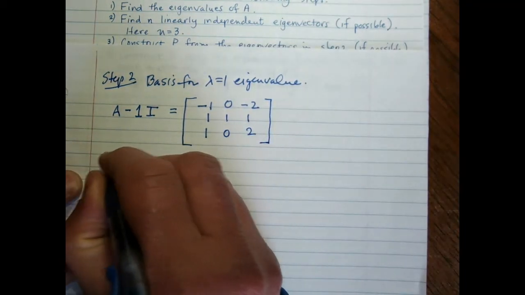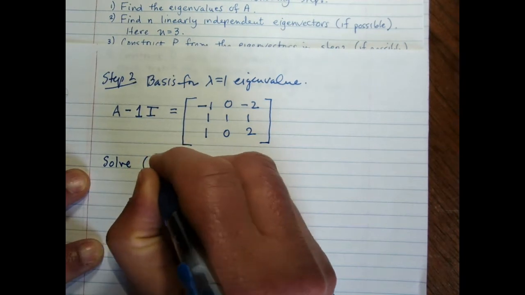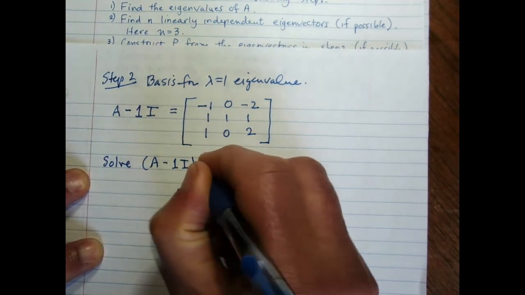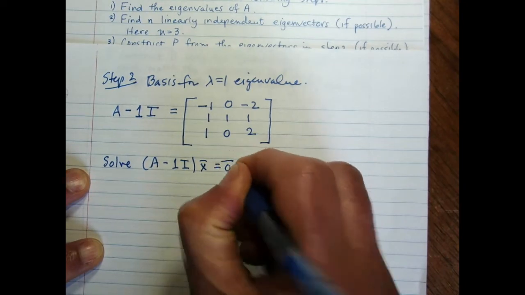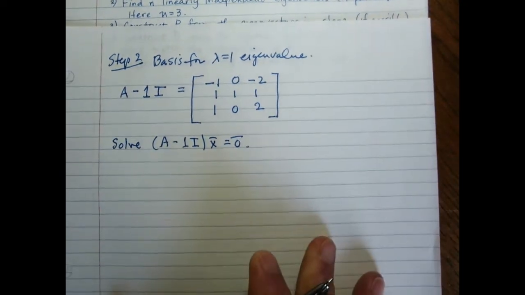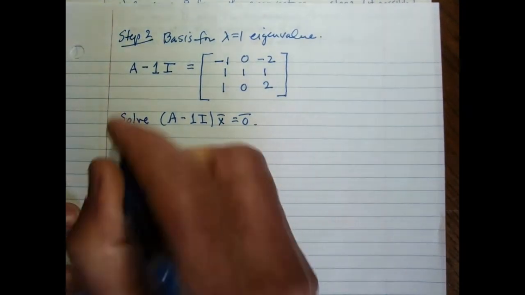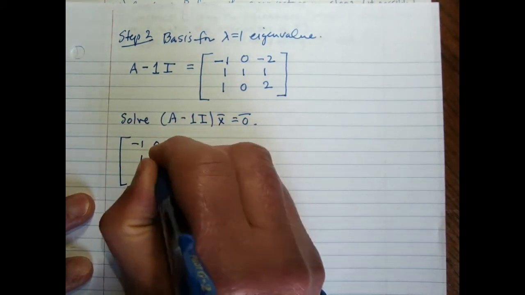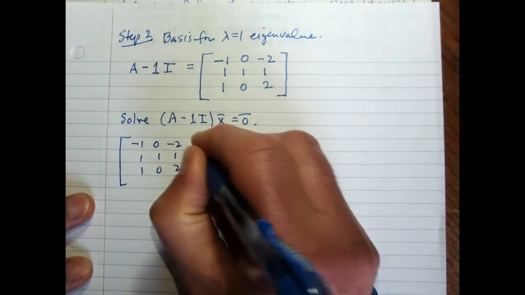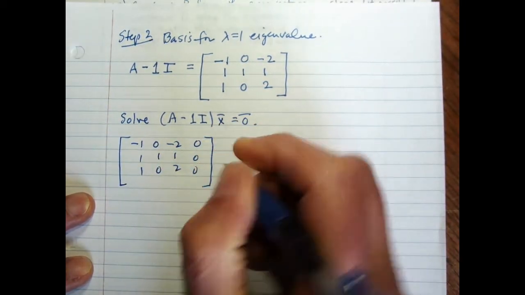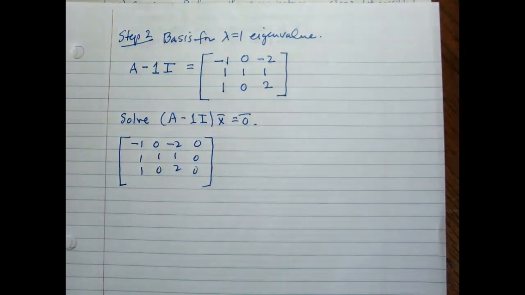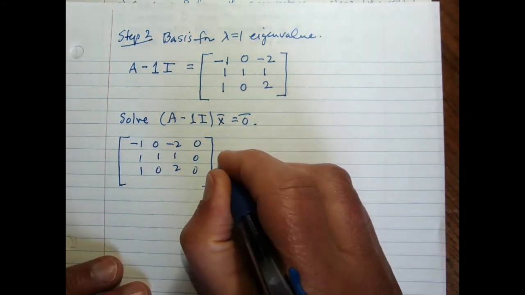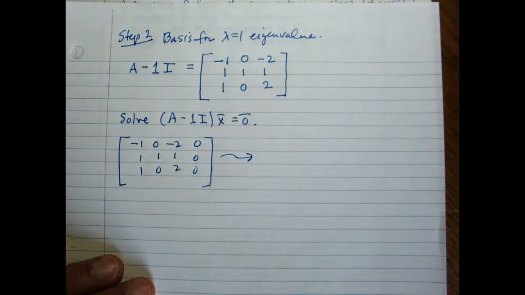And we've got to solve (A minus 1I)x equals 0, the homogeneous equation. And so I have negative 1, 0, negative 2, 1, 1, 1, 1, 0, 2. Of course, my augmented matrix here will have this extra column of zeros, which won't really change much as I go through row operations.